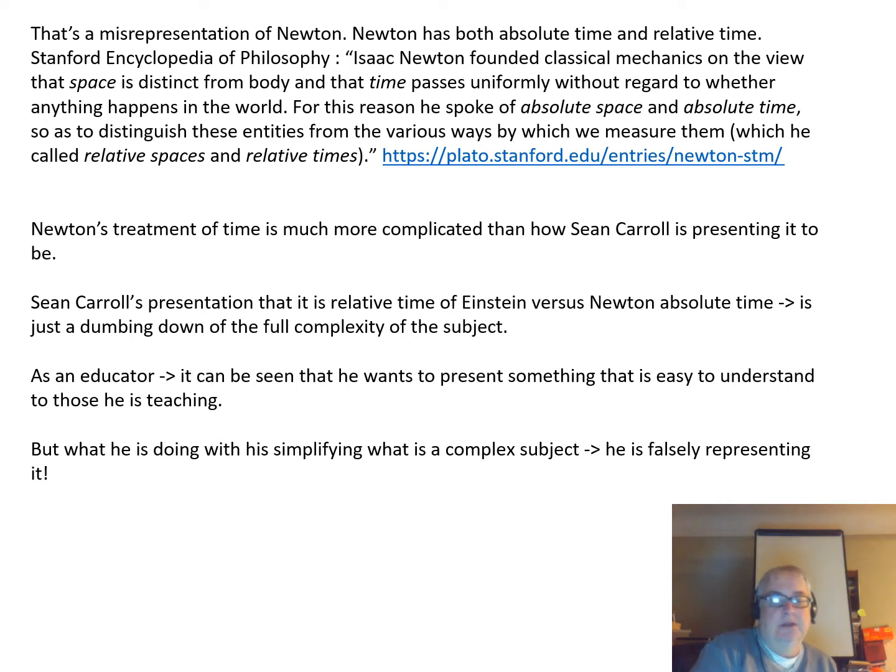For this reason, he spoke of absolute space and absolute time, so as to distinguish these entities from the various ways by which we measure them, which he called relative spaces and relative times. So Newton has relative time, and he does not confine himself to just talking about absolute space and absolute time.